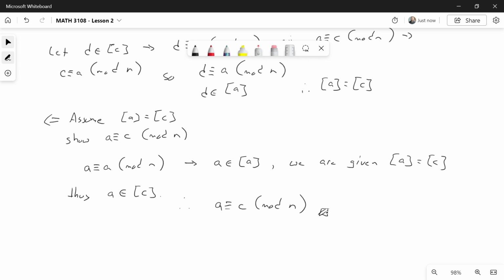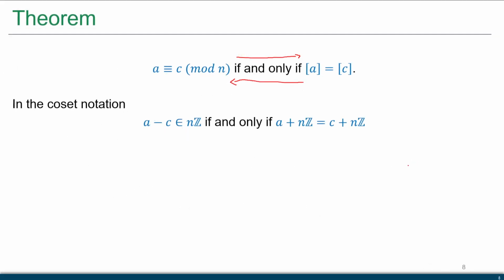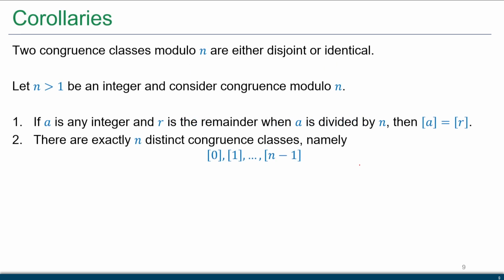This also gives us an idea of how many unique congruence classes we can possibly have mod n. So this leads us to the next corollary. Two congruence classes modulo n are either disjoint or they're identical.